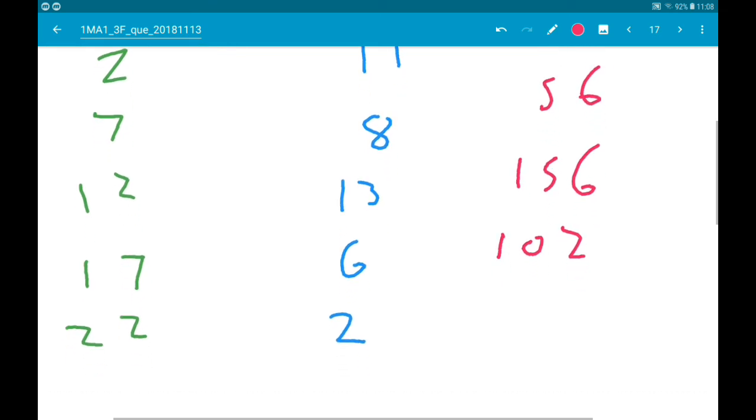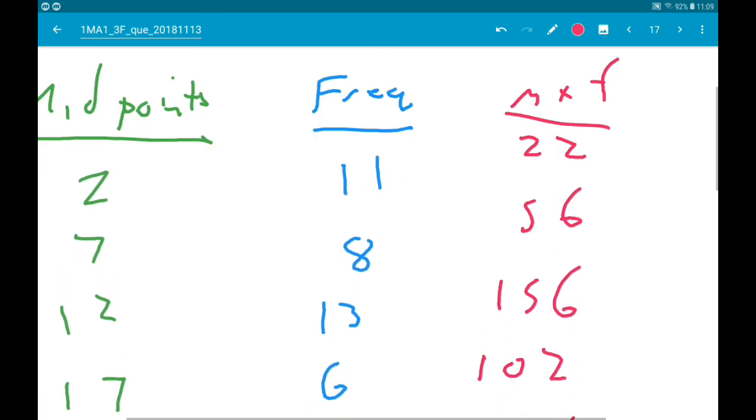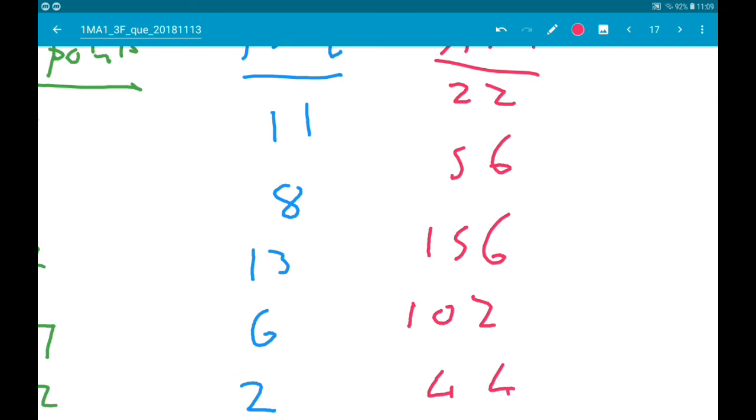And then 22 times 2, I can do that one, that's 44. Okay, so these numbers, in red, are an estimate for the number of books bought in each interval.